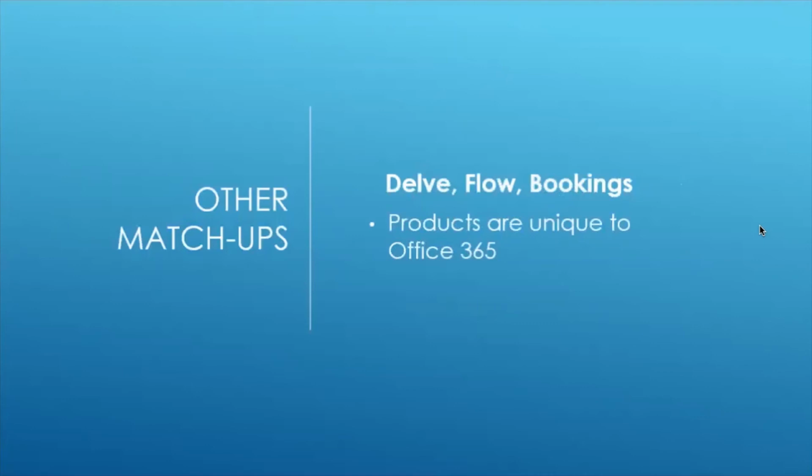Delve is a piece of software where it looks at everything else you're doing within Office 365 and immediately shows you what it thinks you are most interested in. It's going to show you files that you've recently accessed, files that people on your team have recently accessed.